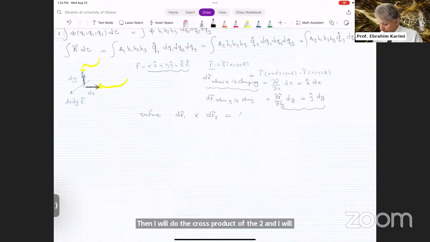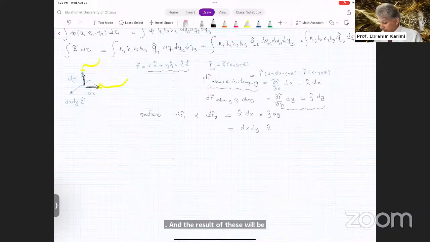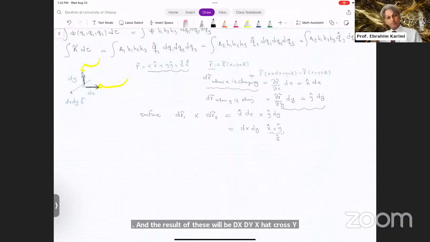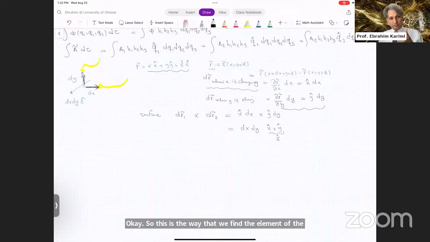You will get x hat dx cross product y hat dy. And the result will be dx dy, x hat cross y hat, which is equal to z hat. So this is the way that we find the element of the surface. Agreed? All?